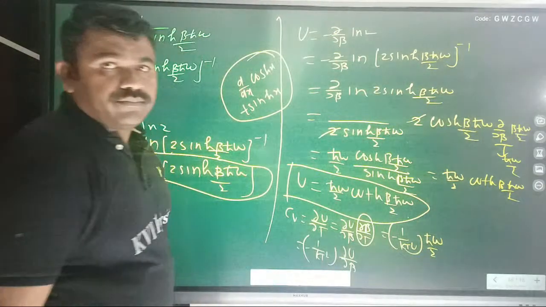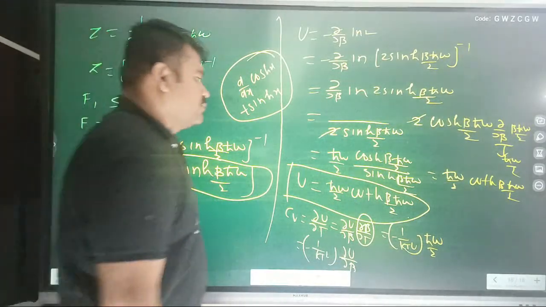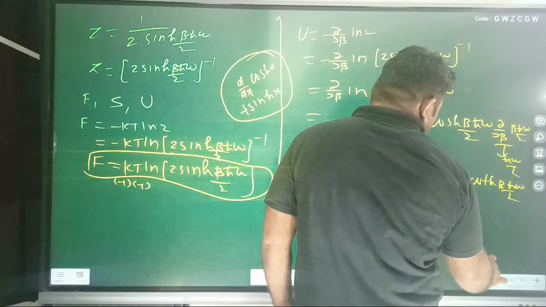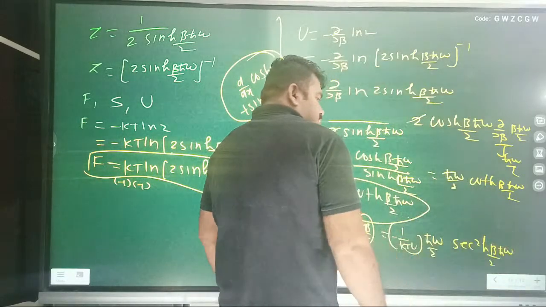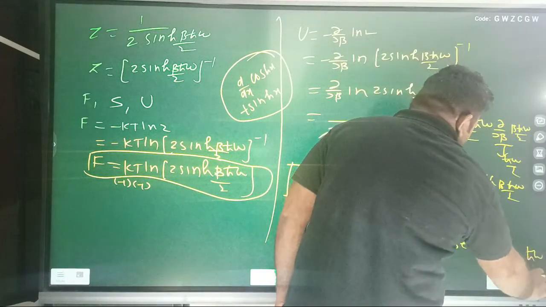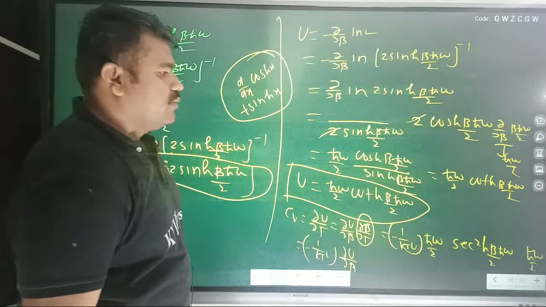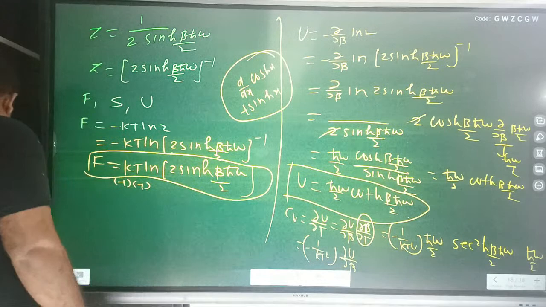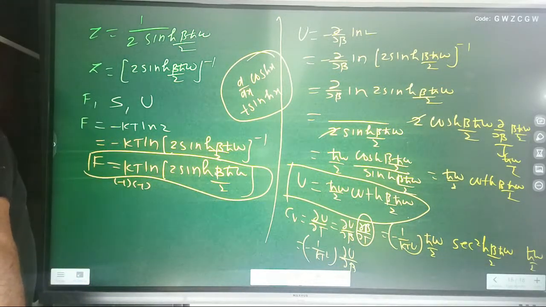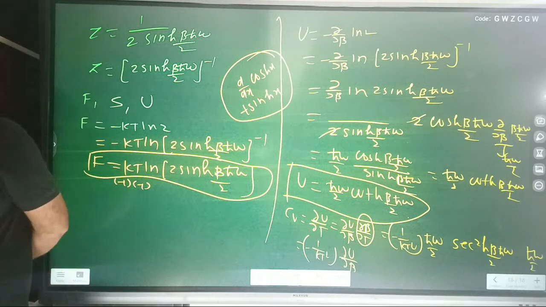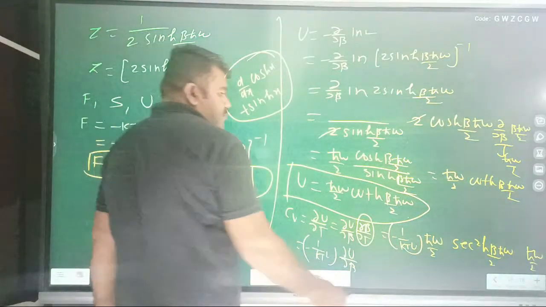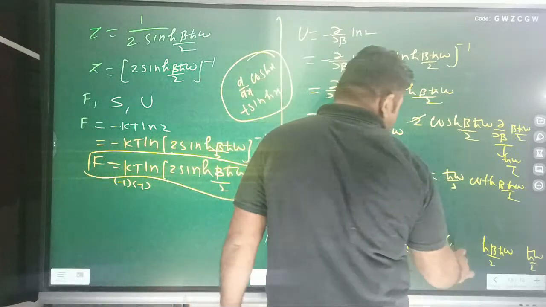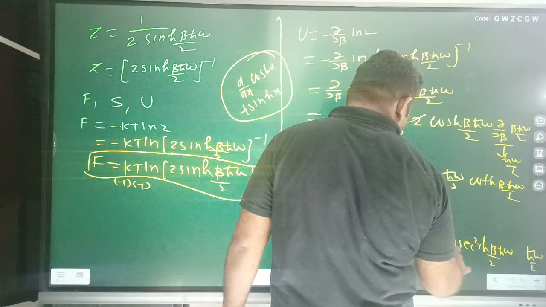What is the derivative of coth? The derivative of coth is minus cosech square. Cosech square of βħω/2 times the derivative of the argument. The derivative of the theta part is ħω/2. Minus cosech square, not coth. Okay, and the minus and minus become plus.